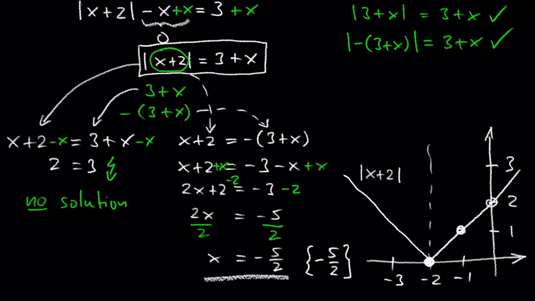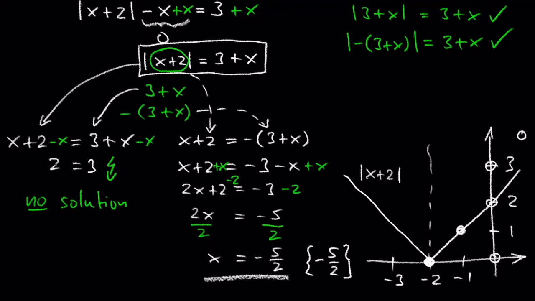Let's do the same with the other graph of the expression x plus 3. If x is 0, 0 plus 3 is 3, so we are here. If x is 1, 1 plus 3 is 4. Here we have another point.